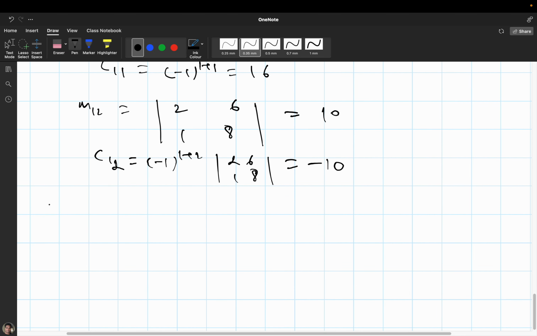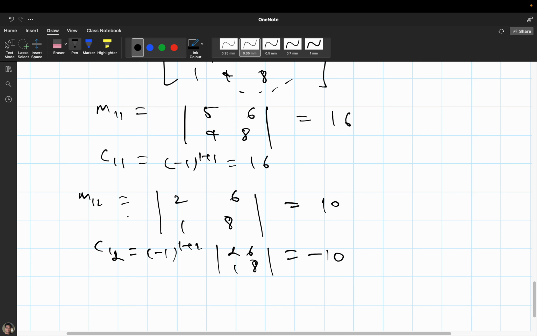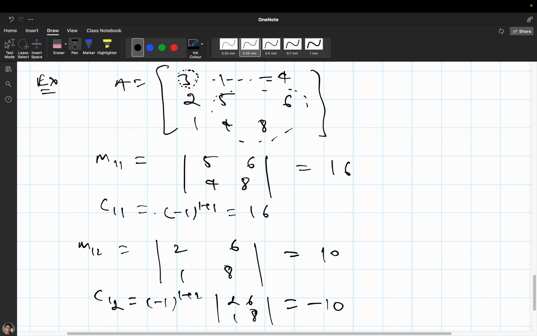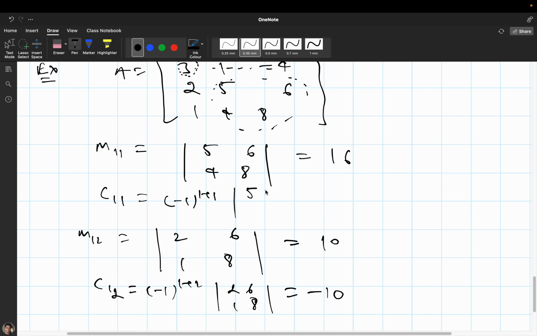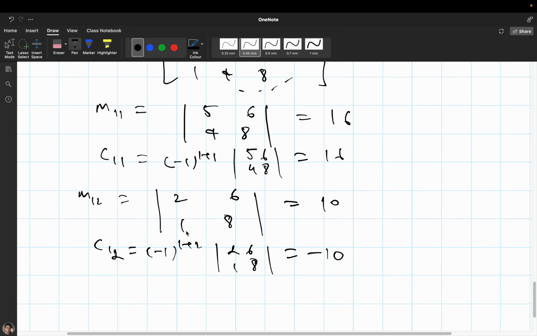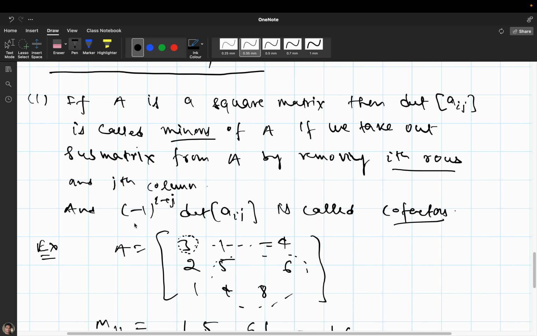How do you get C11 and C12? How does the minus 1 come? Here I told you the formula: the cofactor is minus 1 raised to the power i plus j.